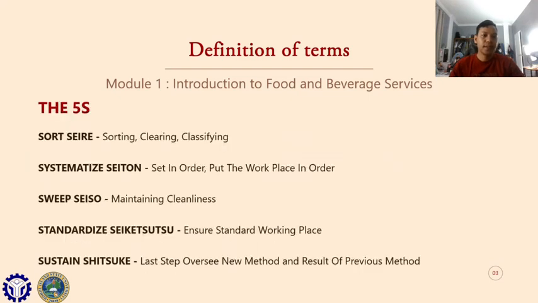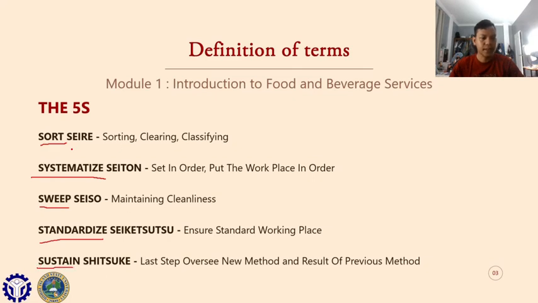Next, the 5S, which is very important and which the staff assigned in food and beverage must know. First is sort, next is systematize, next is sweep, fourth is standardize, and fifth is sustain.